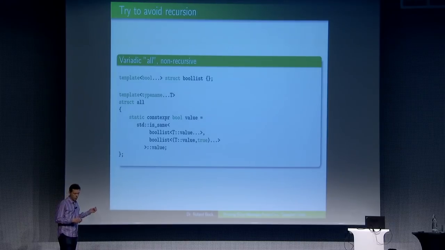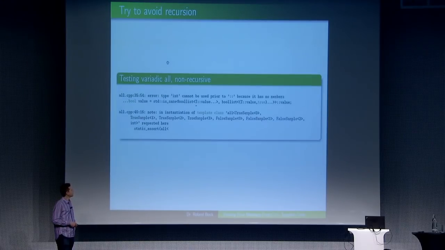It compiles way faster. Louis Dion did some comparison at CppNow this year. It's orders of magnitude. It can use way more arguments. And the error messages, if you're doing something wrong, are like this.